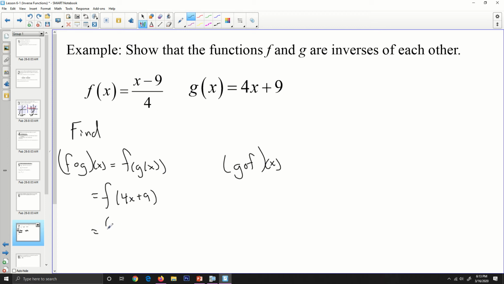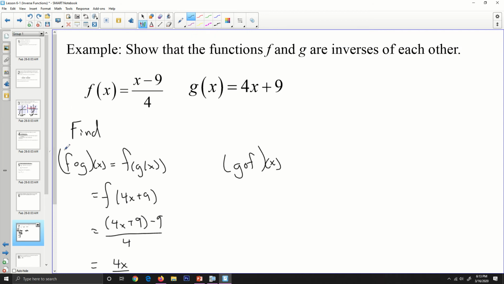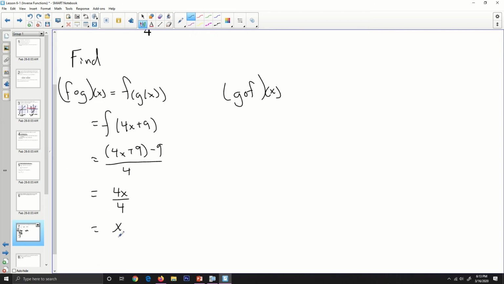So it's something minus 9 all over 4, and that something is 4x plus 9. And so 4x plus 9 minus 9 is 4x over 4, and the 4's cancel, so I just get x, which is what we're looking for.